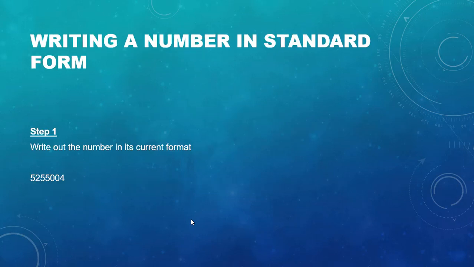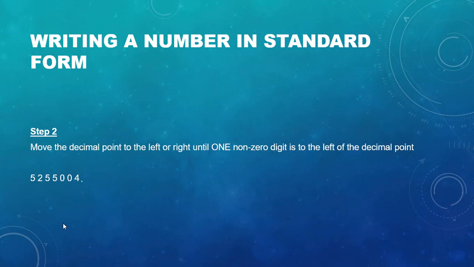Now, in order for us to write a number in standard form, there are some steps that we must follow. The first step, we have to write out the number in its current format. So for example, we have this number here, 5,255,004. Step 2, we move the decimal point to the left or to the right until one non-zero number is to the left of the decimal point.